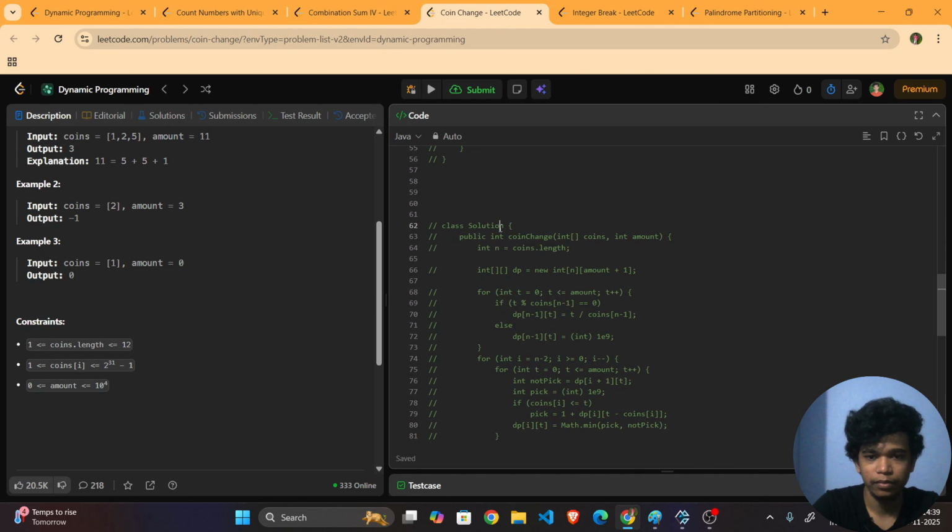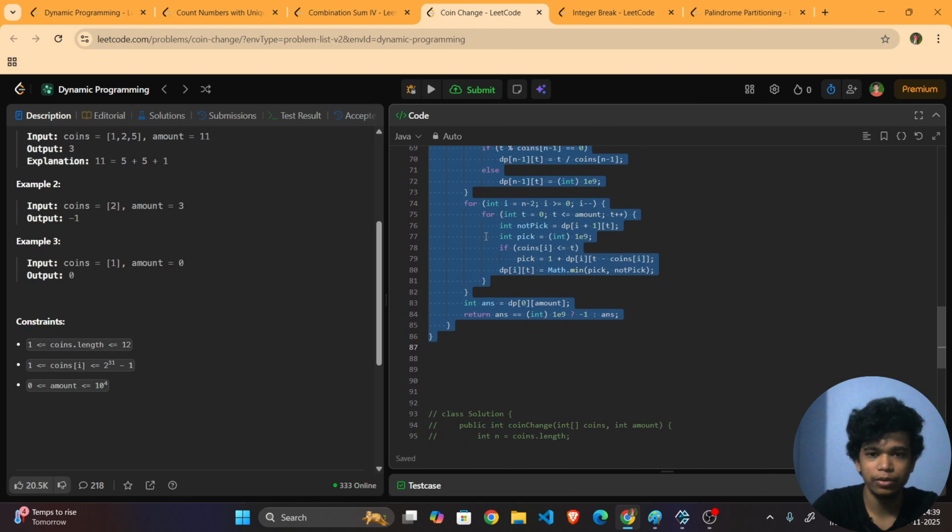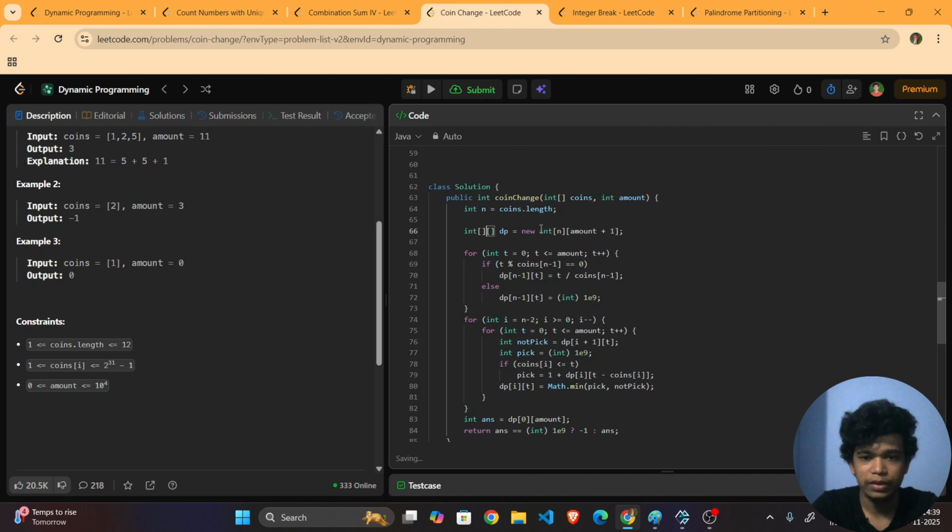So see here, this is going to be your tabulation code. First of all, I am taking the dimension as n cross amount plus 1. Can you understand why I modified it? Okay, fine. And then I want to update. I want to go from t is equal to 0 up to t is less than or equal to amount.